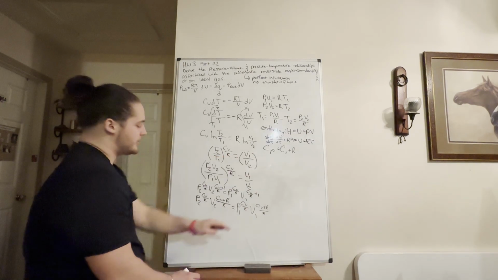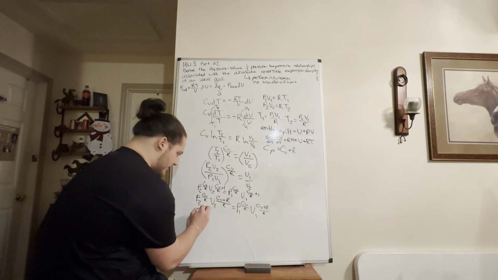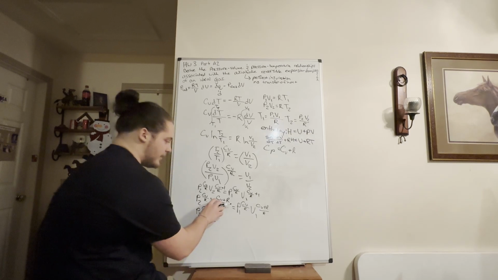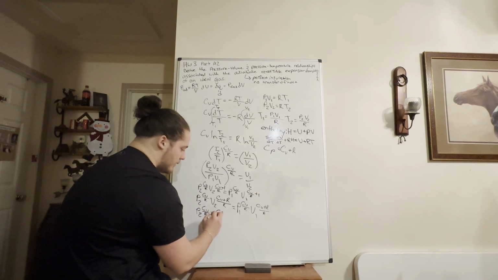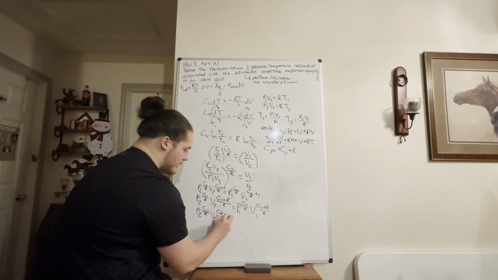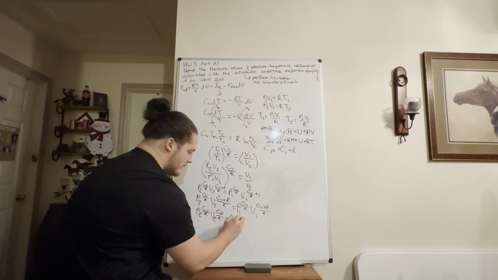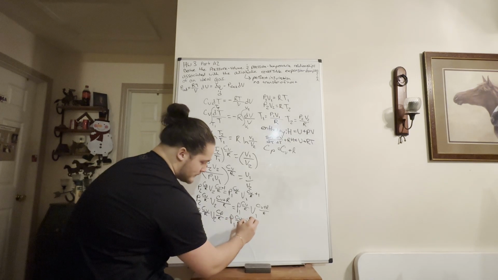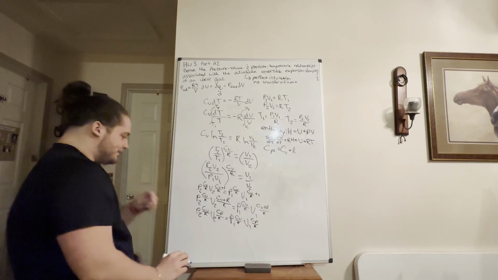So using this expression, we will get P2 to the CV over R times V2 to the CV plus R, which is equal to CP over R, and this will be equal to P1 to the CV over R times V1, again using our CP over R.